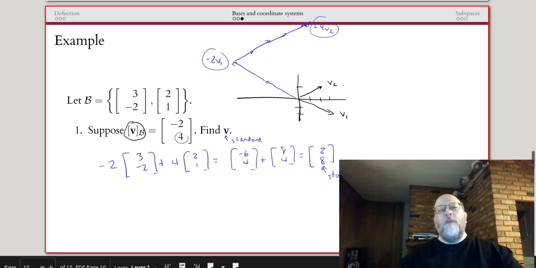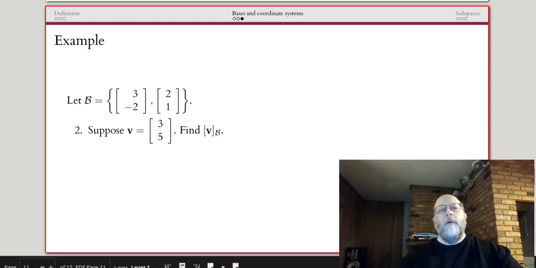So we have two different ways of addressing the same point when we have a basis. All right. Same problem. Let's go the other way around. What if we have the standard coordinates, 3, 5, and we want to find the alternate coordinates?